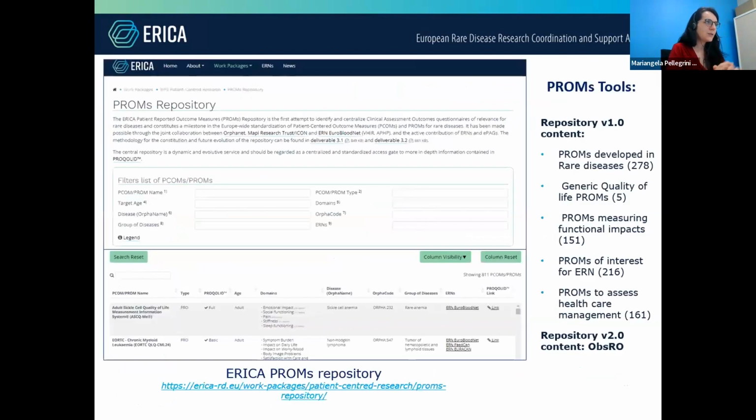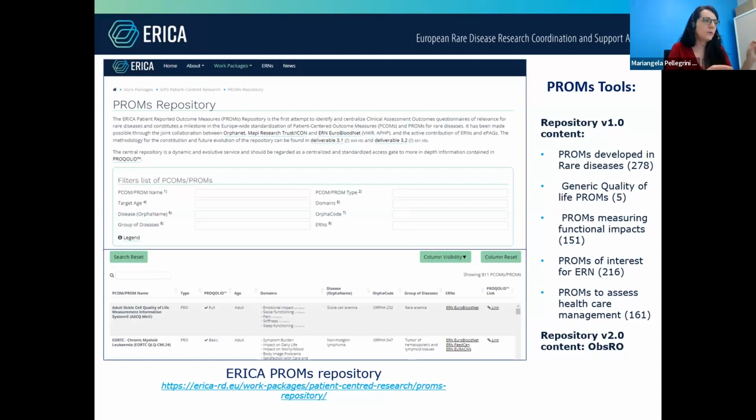Next slide, please. This is inside ERICA, the European Rare Disease Research Coordination and Support Action, which has the aim to coordinate the research among the 24 ERNs, said really in a nutshell.